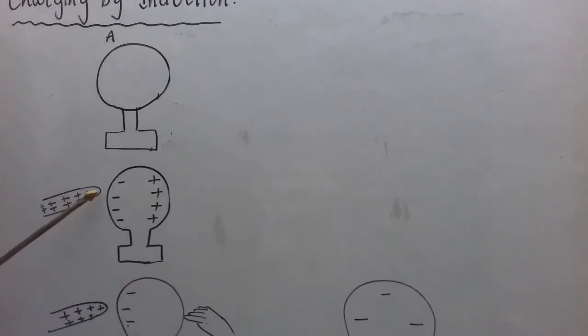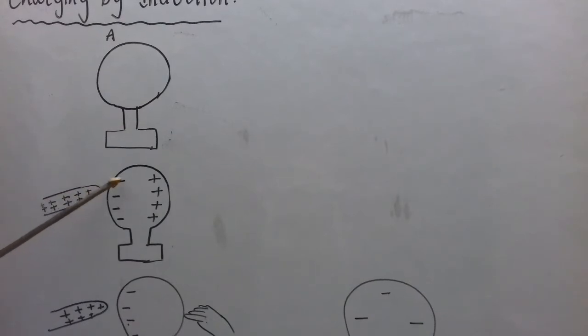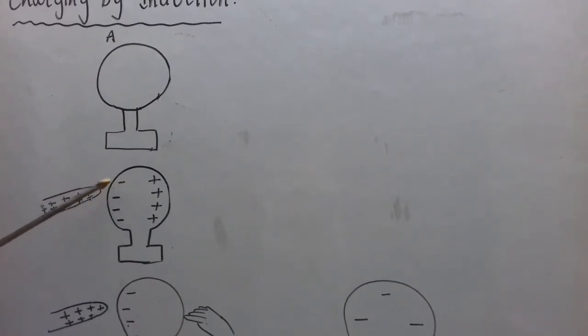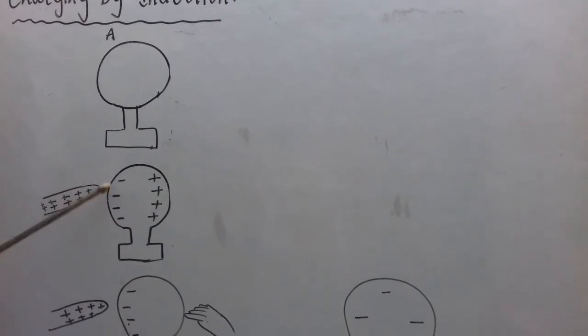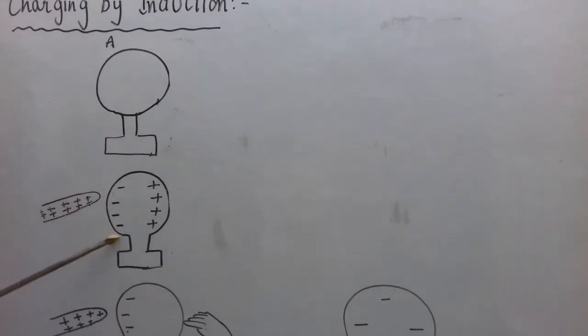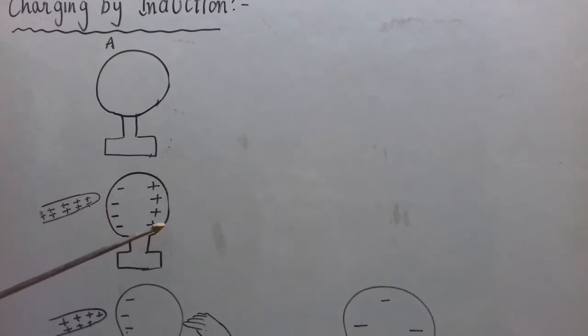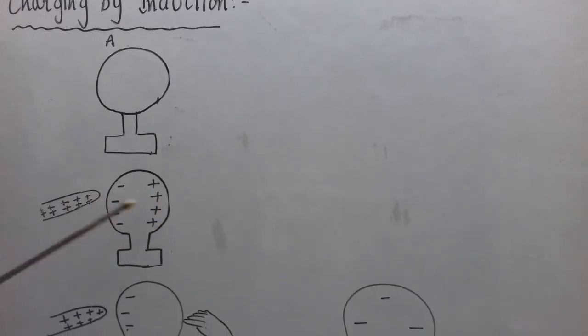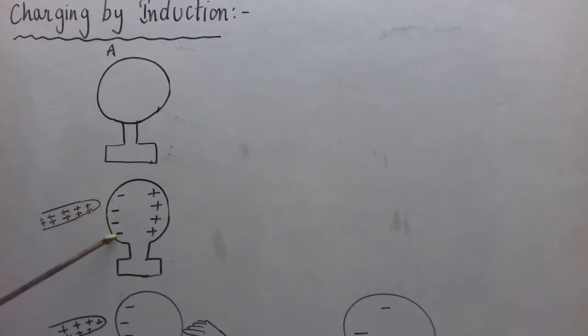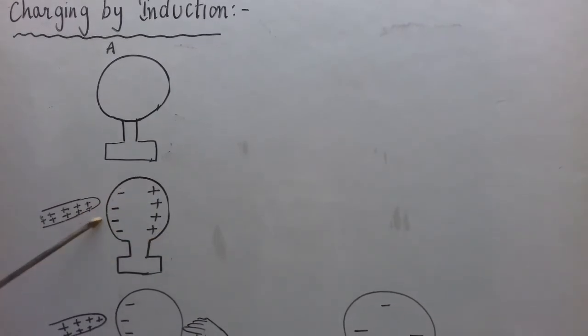As I have explained just now, the free electrons will accumulate on this side. This side will become negatively charged, the other side will become positively charged and the state of equilibrium is reached. This process will stop. First the charges will increase and then it will stop.